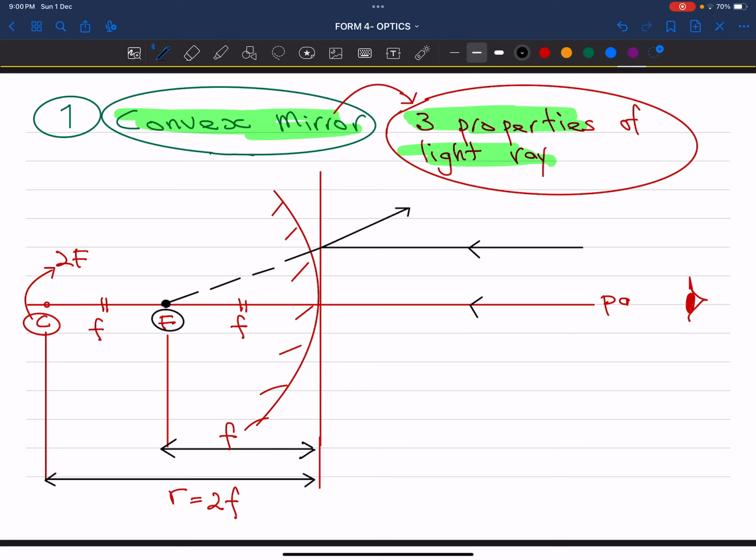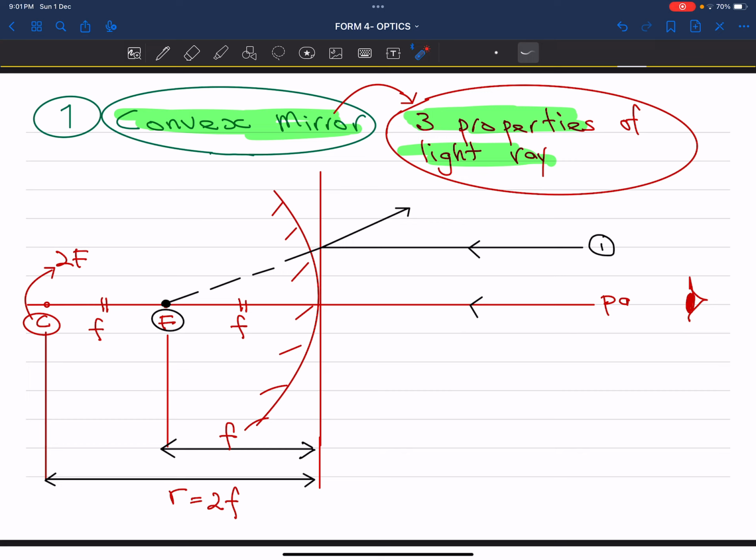So the first property is a light ray that is parallel to the principal axis will get reflected from the mirror as though it is coming from the focus point. So the dotted lines here mean as though.